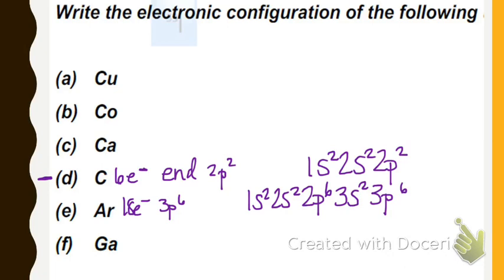Okay. Now we'll go back and do cobalt, because we're going to have to use some D's in there. If you notice when you're looking at the chart that I gave you, when you're in the S and the P block, you are in the same period number as what you're in. 1s is in the first period, 2s is in the second period, 3s is in the third period, etc. When you get to the D block in the middle, you'll notice that you're always 1 less in the period number.